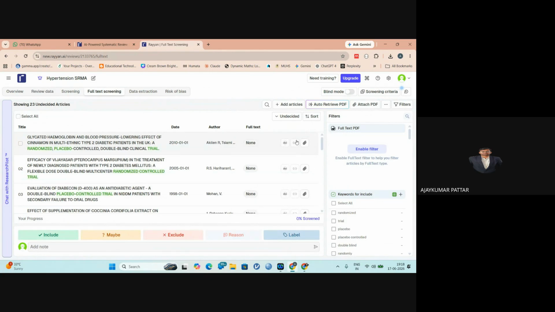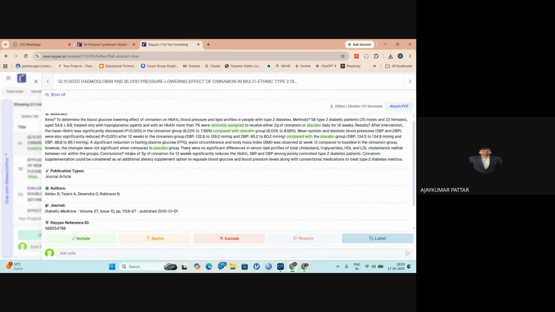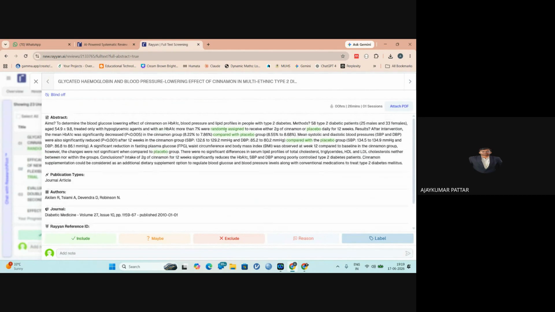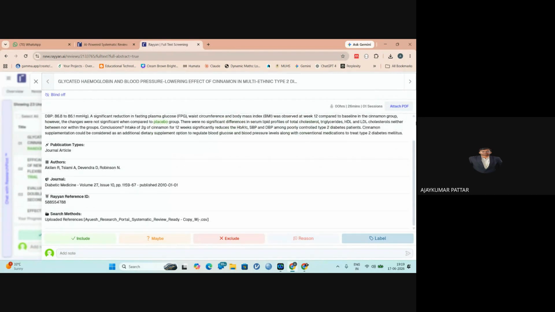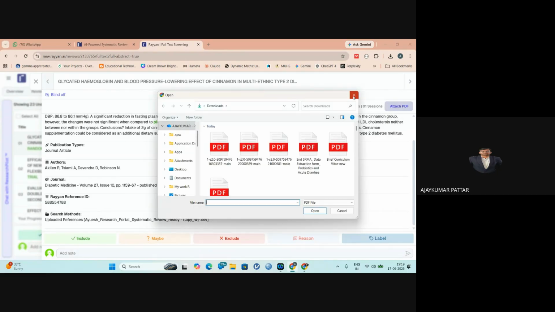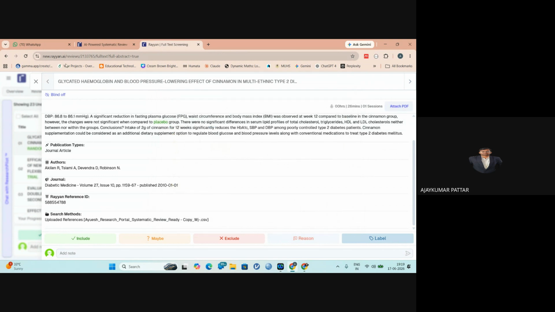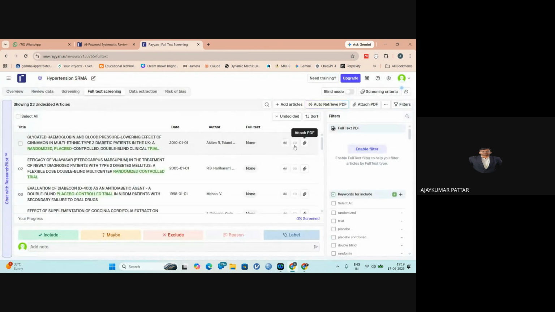So now for full text screening I will show here. Other options we can also see, they have added two more options, whether we can directly find the full paper. So if I click here DOI, here also one option is there. No, we have to download and make the folder, then only we are able to upload the full text file.